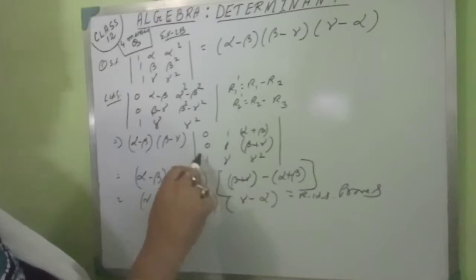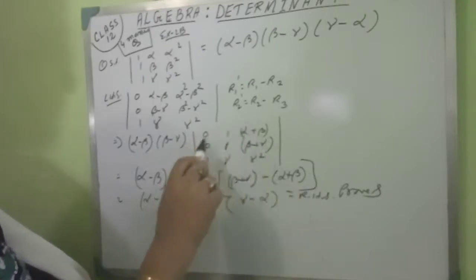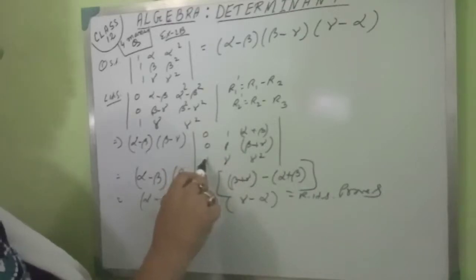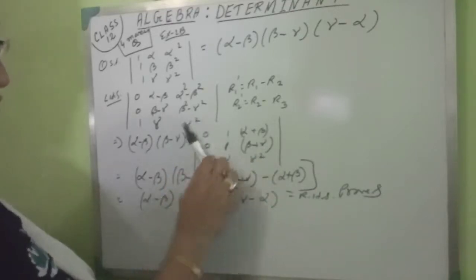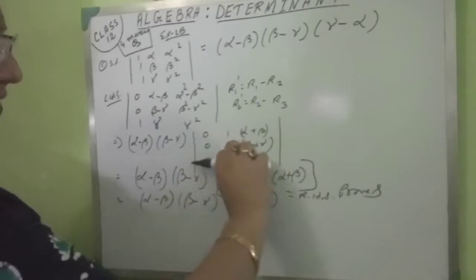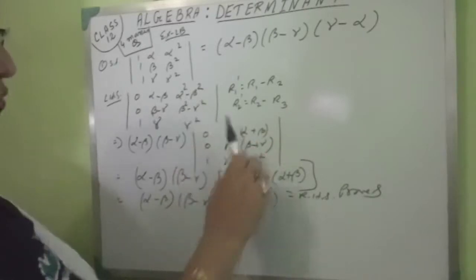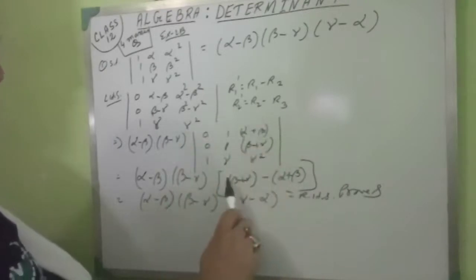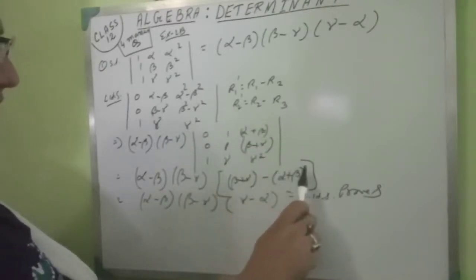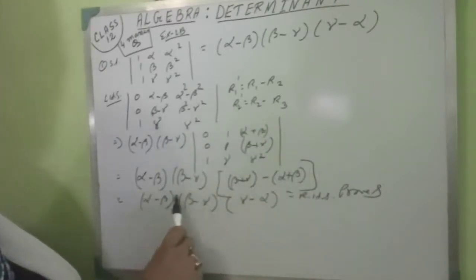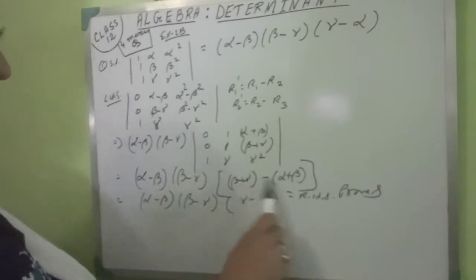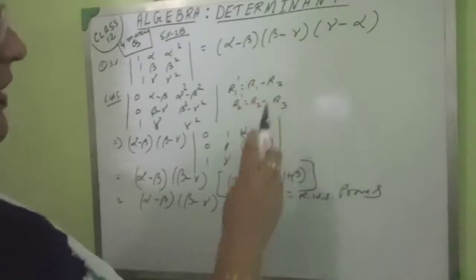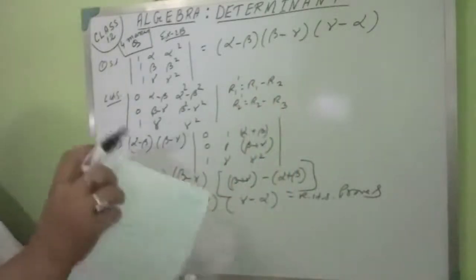The sign for this is also plus, because the pattern is plus minus plus, minus plus minus, plus minus plus. Expanding with respect to 1, we get 1 into beta plus gamma minus 1 into alpha plus beta. So beta plus gamma minus alpha plus beta, and what we will get is alpha minus beta into beta minus gamma into gamma minus alpha. Just calculate this part, then we will get the right hand side.